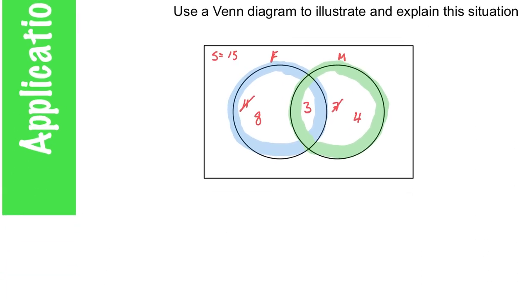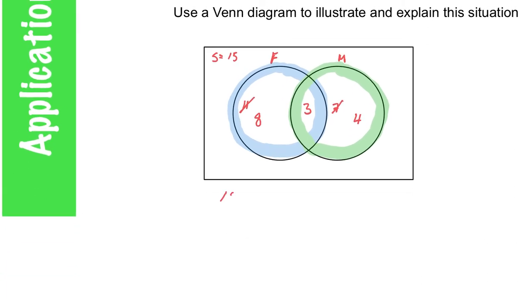And the math of that is the total equals the number in set A, which is 11, the Feydeau, plus the number in Molière, which is 7, subtracting out the number that are doing both. So 15 does indeed equal 18 minus 3.